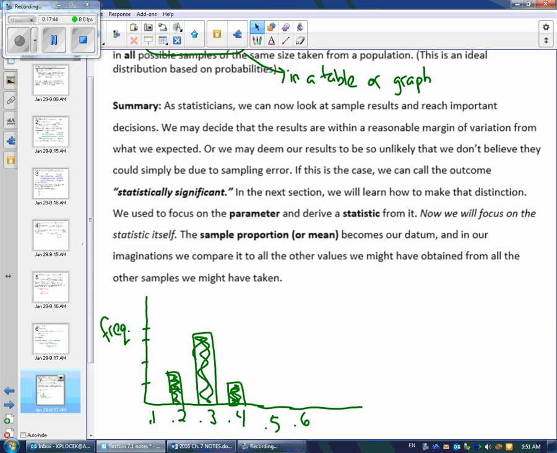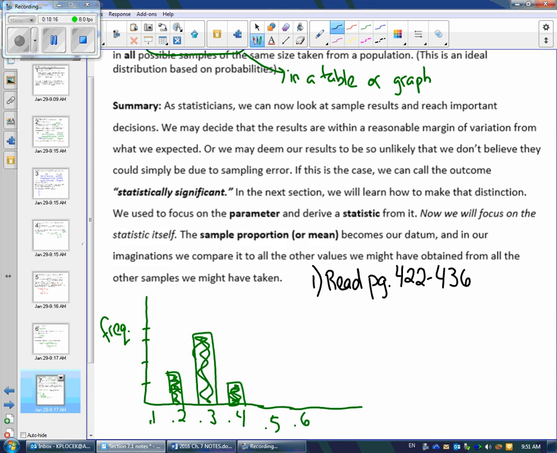So what I would like you to do now that we went through these notes on this first section is take a look at section 7.1 and read pages 422 to 436. And if you're at home enjoying your snow day right now, you don't have your reading guide, so I suggest you just take notes.